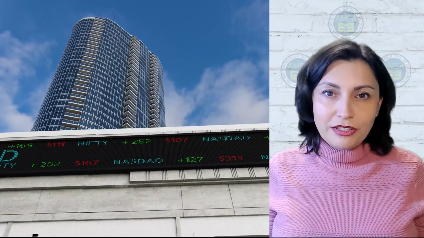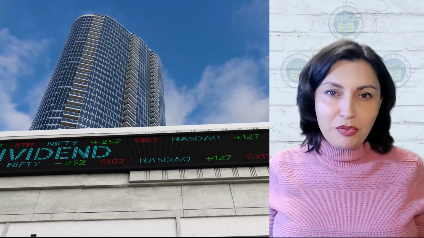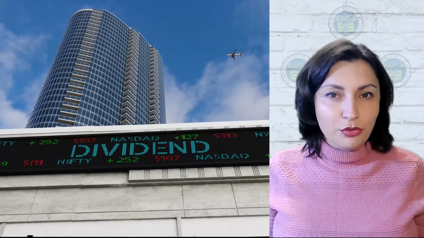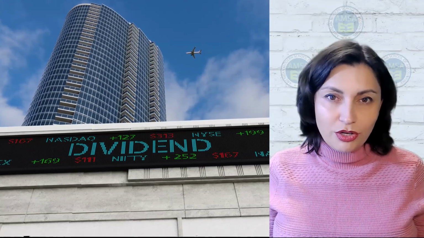Preferred dividends are dividends paid to the owners of preferred stock, a type of stock that usually pays a fixed dividend before any distributions to the common shareholders. This payment is typically cumulative, so any delayed prior payments must be paid to the preferred stockholders before distributions can be made to the holders of common stock.